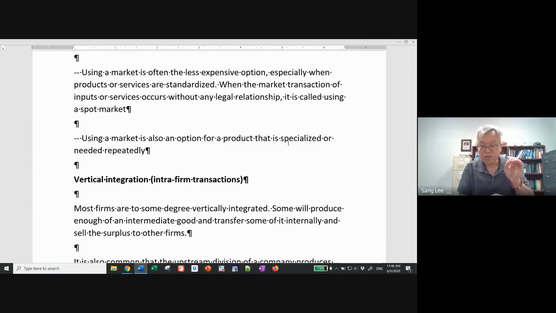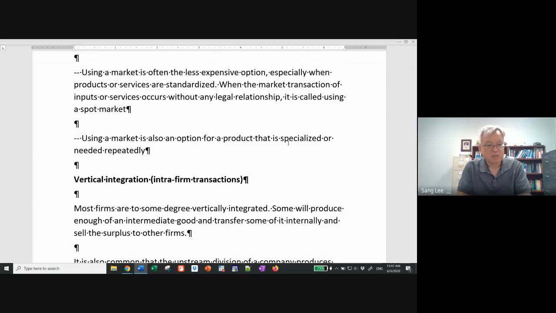But using a market also could be used when you need something that is highly specialized or customized, or when you need something repeatedly on a regular basis. You can still have them supplied by independent market firms. Okay, so using a market has what? I mean, you have two options. One with a legal relationship contract, also one without any legal contract.